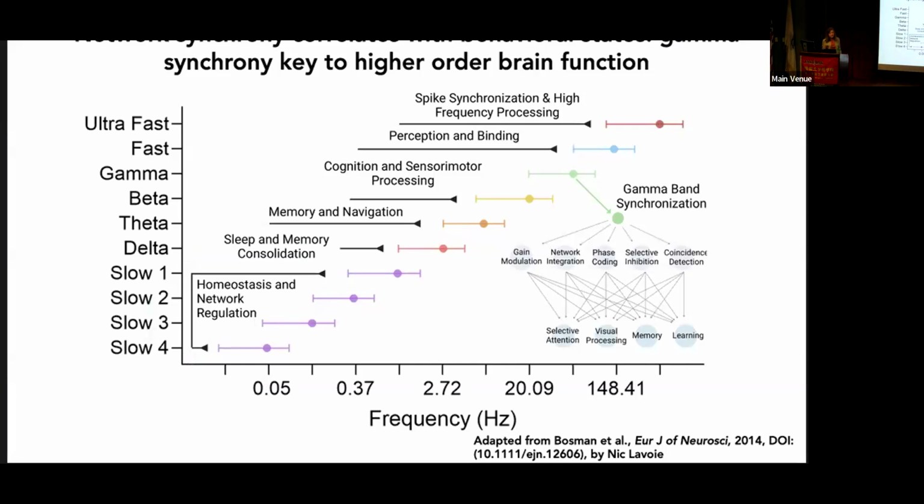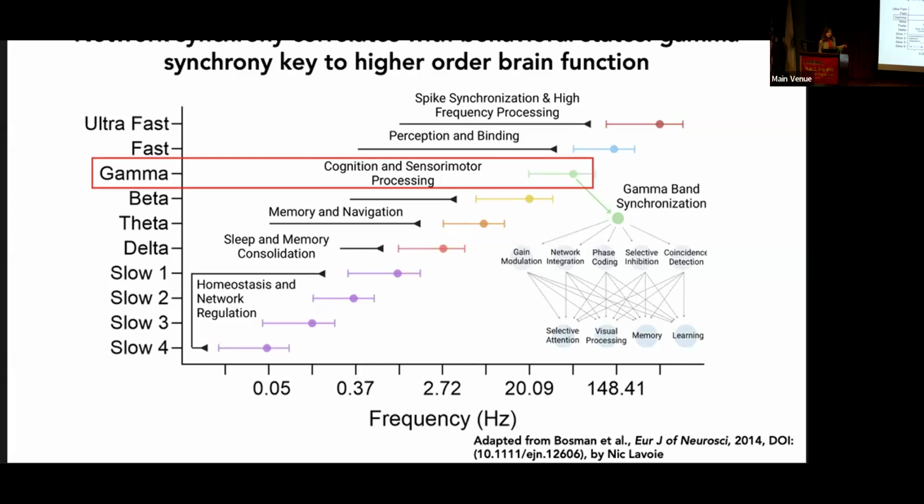And as I said, these different classes of frequency strongly associate with different behavioral states, such that the slower wave, such as the delta wave, is more active during sleep. The theta wave is active during memory and navigation. But I really want to talk to you today about the gamma band synchrony.